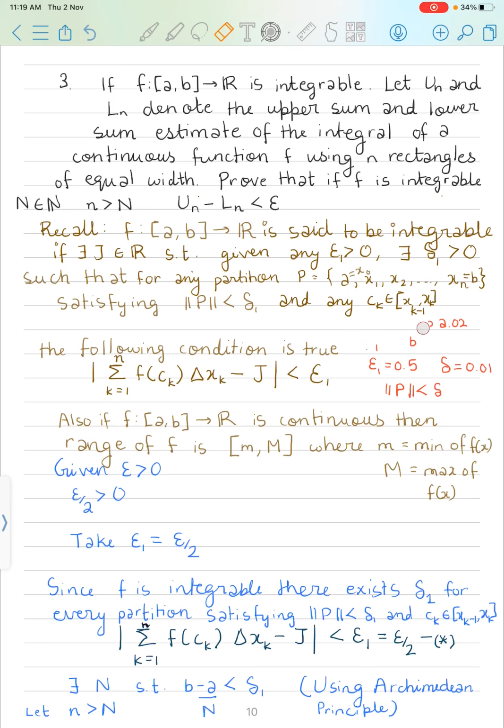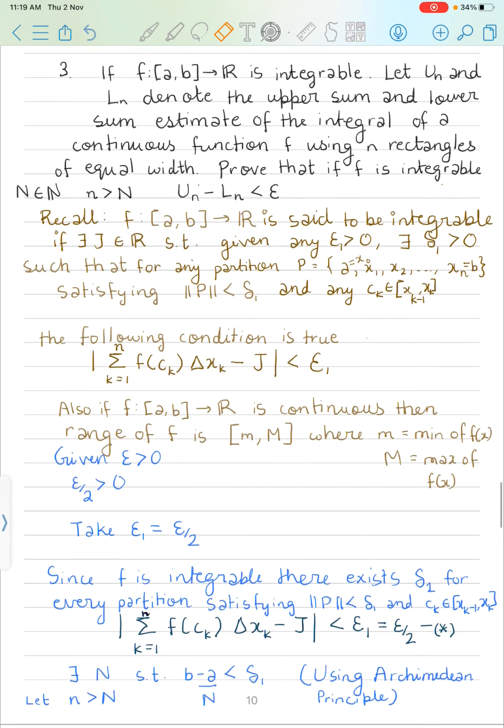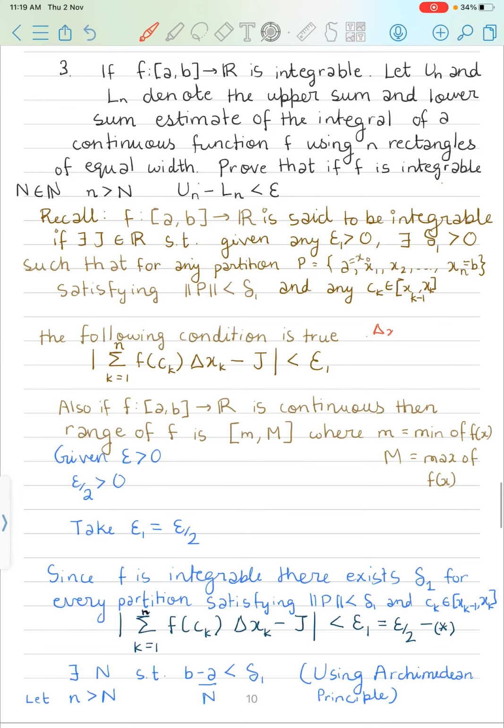Let me give an example, and then we will do the question. Delta xk is xk minus x(k-1).